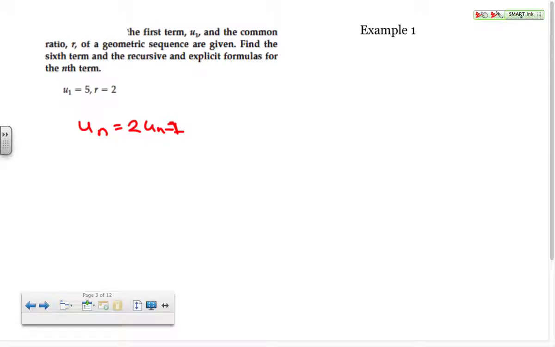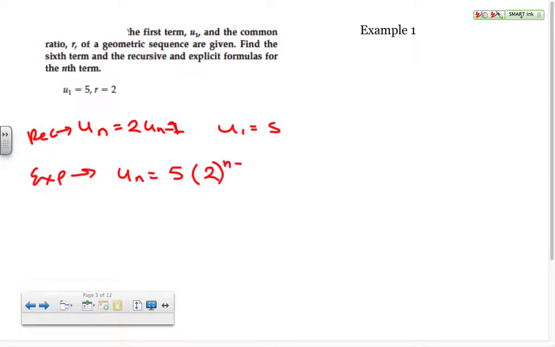We notice that for the recursive function, we say u1 equals 5, and then u sub n is dependent on whatever the term before it is. So that's the recursive form, super easy. Explicit, again, pretty basic. u sub n equals u1, which is 5, times the common ratio, which is 2, to the n minus 1 power. And that's my formula.